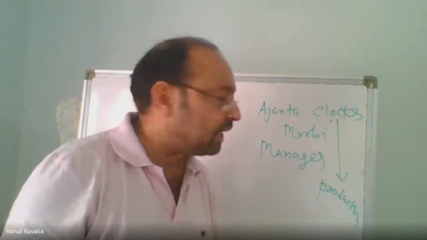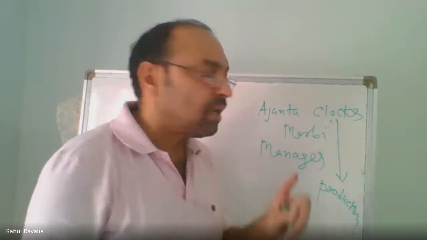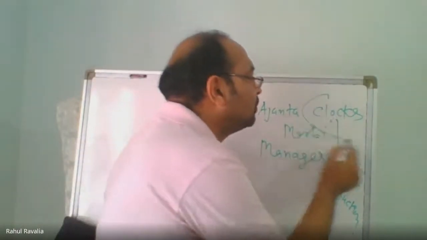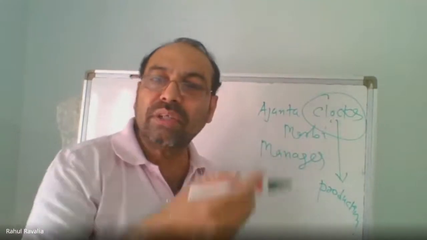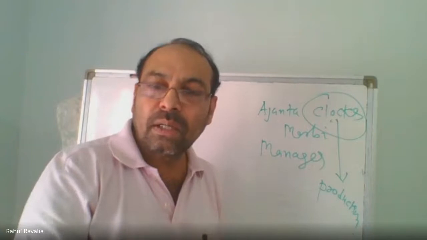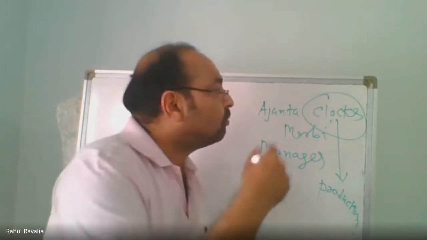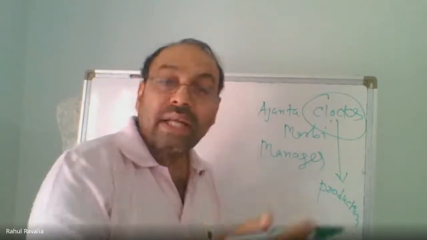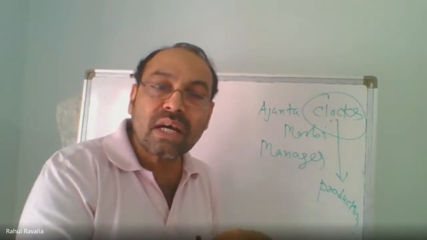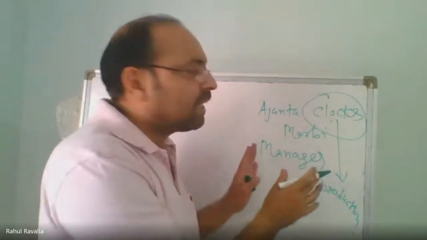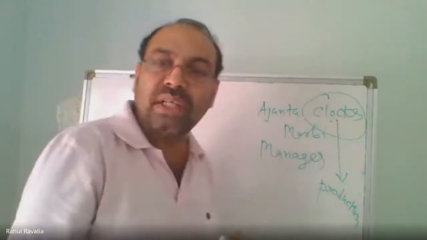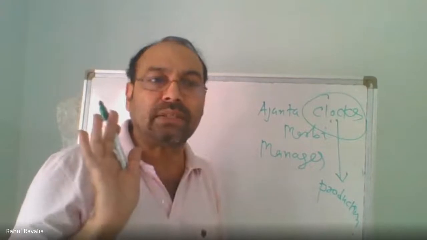So within 20 days, you have to find out each and every fact and detail about the production of clocks, how it is produced, from where the raw material is imported, to where it is exported, what the condition of the bazaar is. Whatever detail you can collect about clock production and about the company Ajanta Clocks, you collect it.